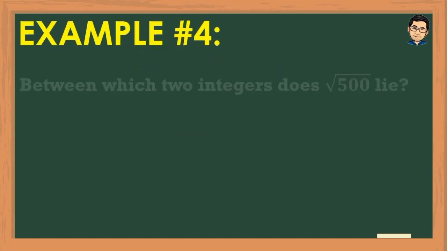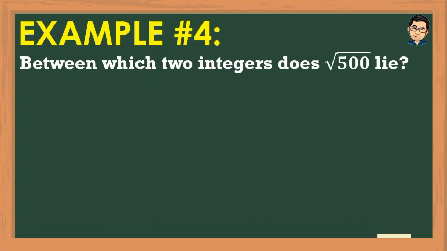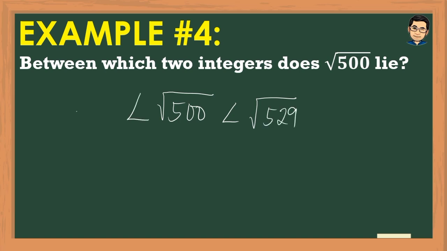Next, number 4. Between which two integers the square root of 500 lie? Okay. So, 500. So, nakapagitan po yung square root ng 500 sa dalawang perfect squares na 484 and 529. Okay. So, the square root of 500 is less than the square root of 529 but greater than the square root of 484.